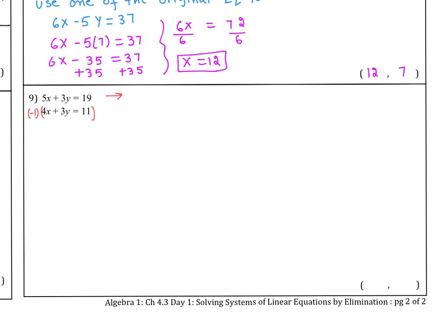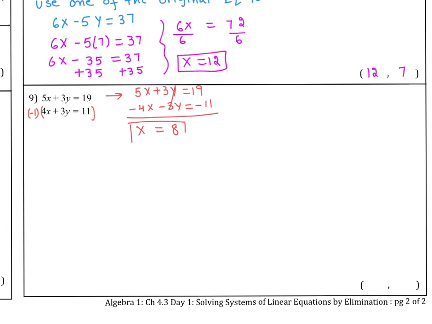I'm rewriting the top equation as it is, and I'm multiplying the bottom equation by negative 1. So I get negative 4x minus 3y equals negative 11. When we add them, the 3y and negative 3y cancel. So you get x equals 8.